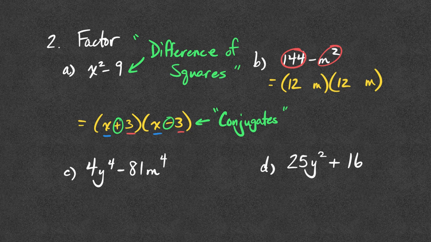And now, to make sure that they are conjugates, to make sure that the middle terms cancel out, one has to be a plus, one has to be a minus. Of course, it does not matter which factor is a plus or a minus. We just have to make sure we have different signs. You get a little confirmation. Your middle terms are the exact same terms, but opposite signs, so they cancel out.